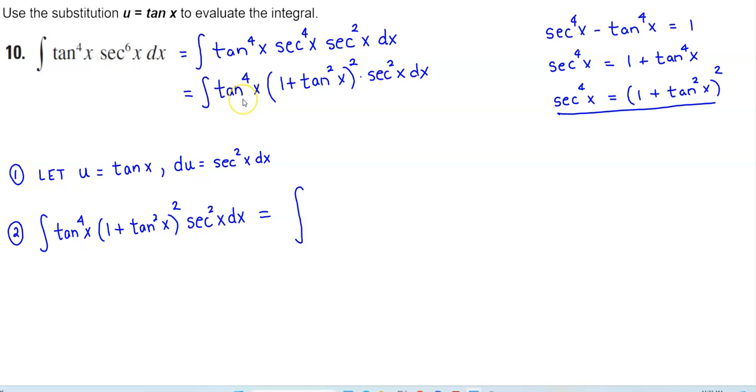Well, we know that this is tangent to the 4th power, so that means that u is going to be raised to the 4th power. There's our first substitution. And then we have 1 plus the tangent squared to the power of squared, so that means this is going to be times 1 plus u squared squared. And then what do we know about secant squared x dx? Well, we know that that is du.